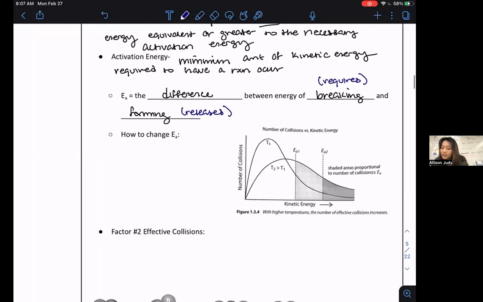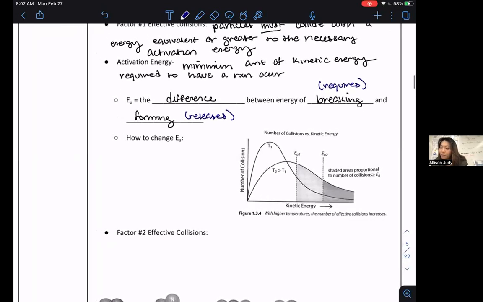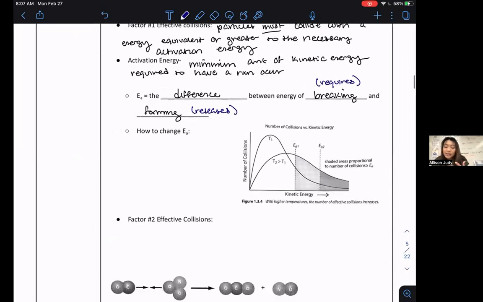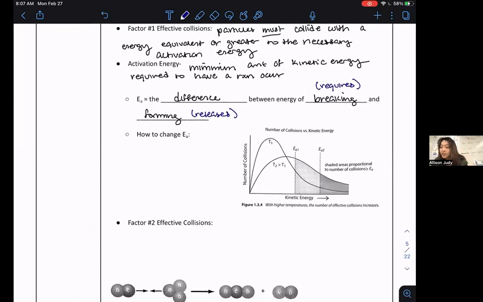If we look particularly at temperature, there are some factors that coincide with previously discussed factors that affect reaction rate, where we can shift the curve over to have a greater amount of particles able to achieve the necessary activation energy. But there's also another way we can do it, which is through a catalyst.